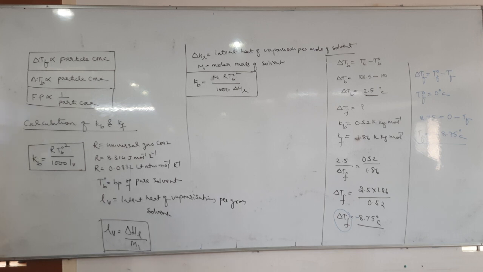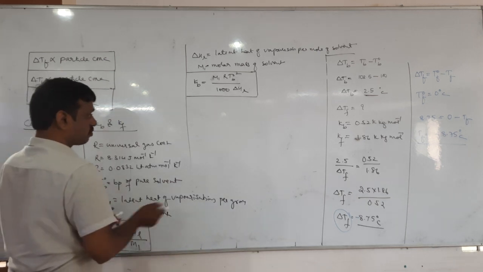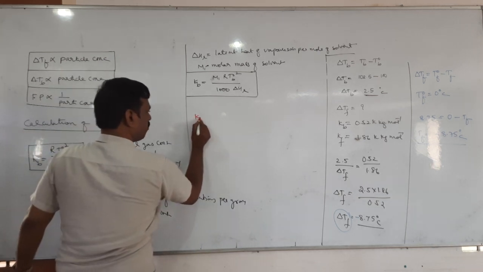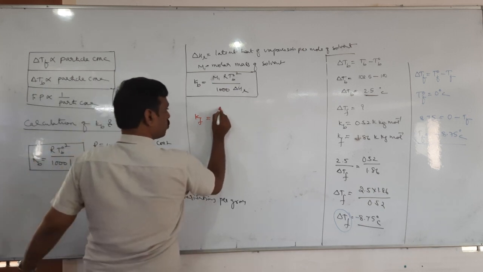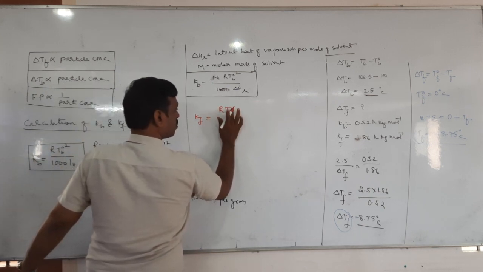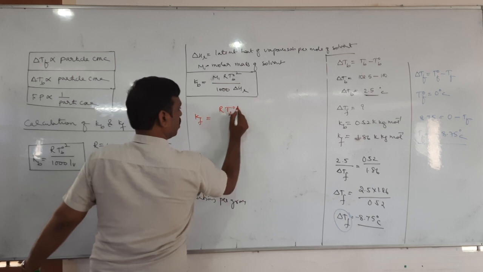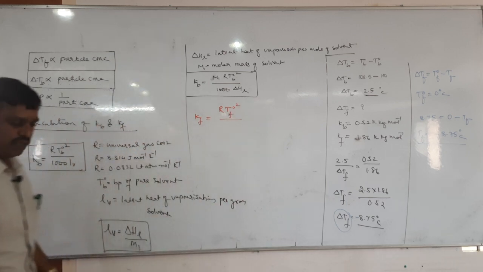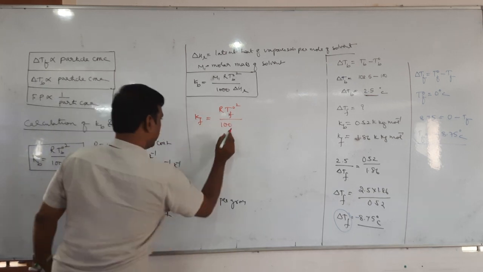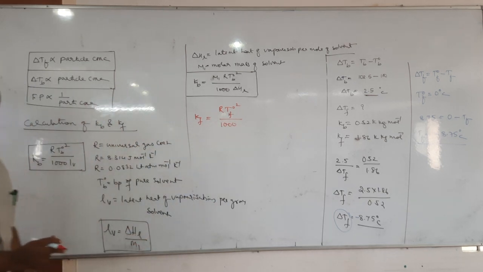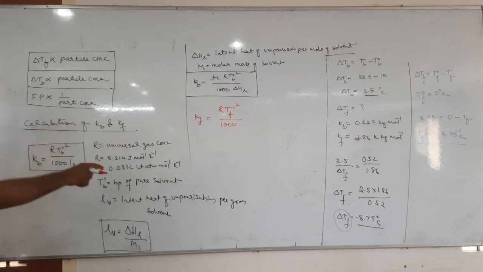Okay. Similarly, you can also write the Kf value. How to calculate Kf? What is the Kf? Kf is equal to, you see this formula, R T naught B square, no. In place of T naught B square, what should we write? R T naught F square. That's it. Then 1000 into LV. What is LV? Latent heat of vaporization. But actually this is vaporization.